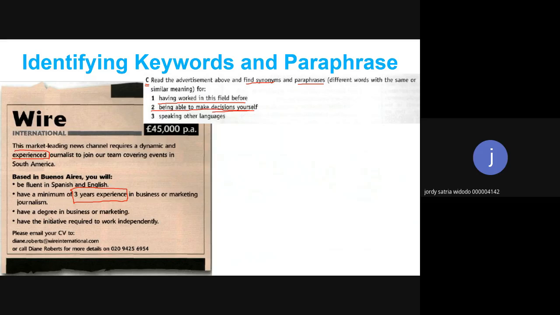So you can find it here: the initiative. That's the paraphrasing word for being able to make decisions yourself. And then number 3, speaking other languages. You've got here be fluent, be fluent in Spanish and English. So you have identified the keywords and paraphrases.